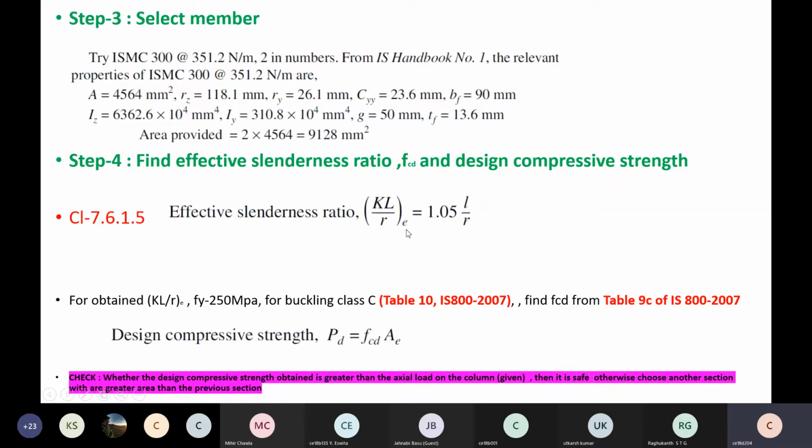As we already discussed, the effective slenderness ratio for the lacing system will be 1.05 times L by r. We know L, and we already know the relevant properties of the section, r and everything. So calculate these and let us know the slenderness ratio for this problem.